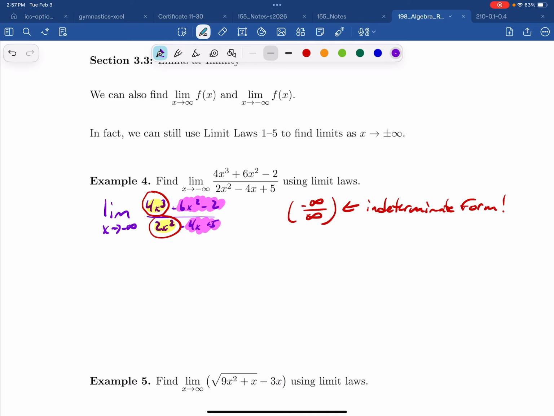Limit laws apply only when our limits exist, which means only when the limit is a real number. Right now, the top and the bottom limits are infinite, so they're not helping. So what we're going to do is divide out by x to a power to make at least one of these things exist. In this case, we're going to divide by the lower degree leading term, which is 1 over x squared. Let me blue that up.